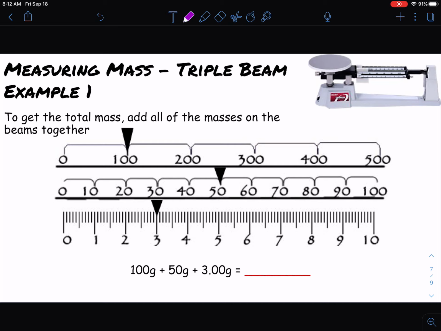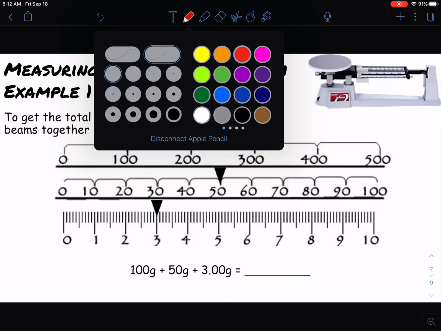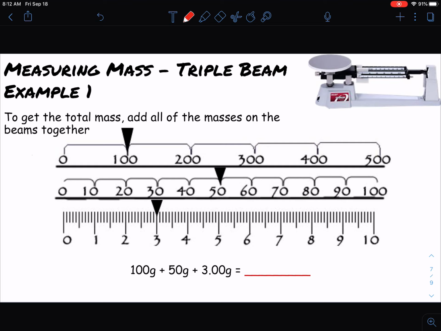So here we go with actually reading the triple beam. Now, when you want to read the triple beam, you want to add all of the masses together. What I mean by the masses, here's your 100 gram beam. Here's your 10 gram beam.